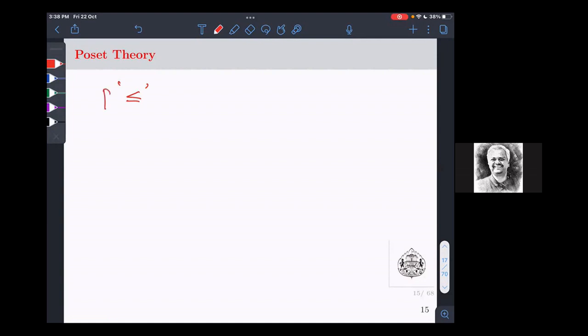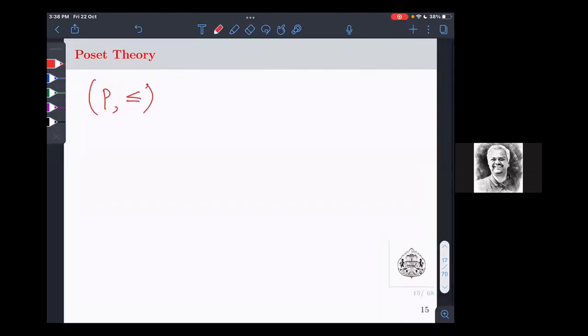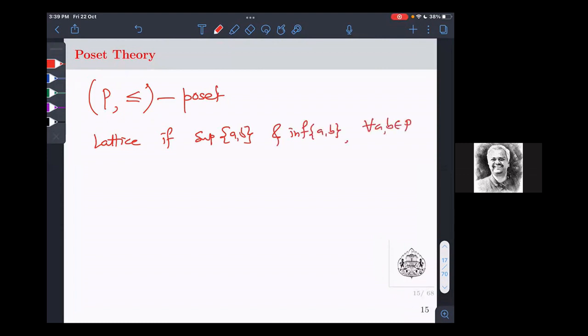Okay, so P with less equal, if this is my poset, then this becomes a lattice if supremum of any two elements and infimum of any two elements exist for all pairs A, B, then we will say that the poset is a lattice.